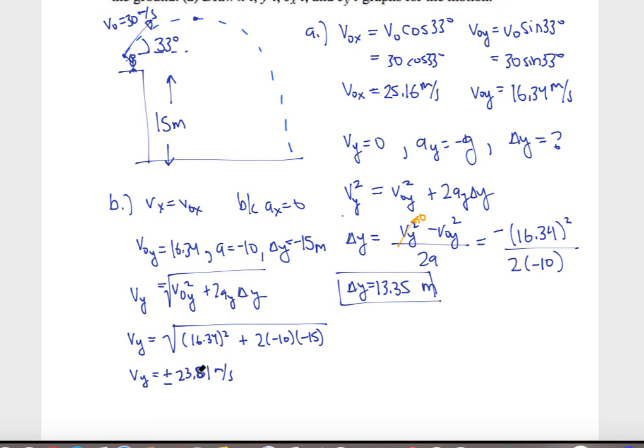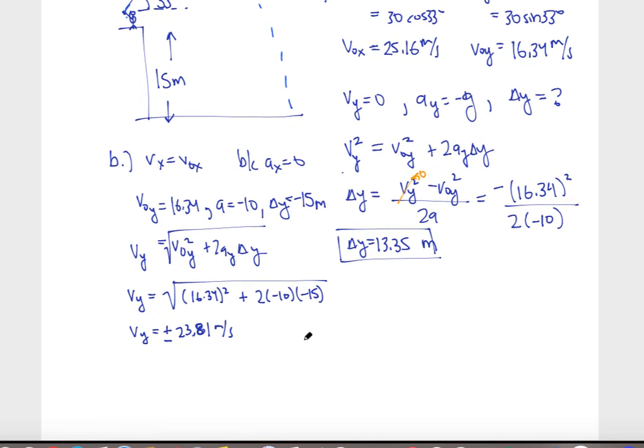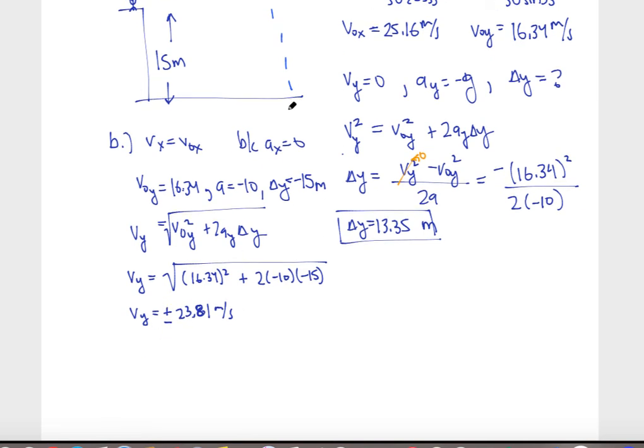Since there are two values, since we're inserting a square root value here, it is worth noting that we do not want the positive value. At the bottom of this motion, we really should have a negative Vy. So we're going to choose the negative value for this velocity.